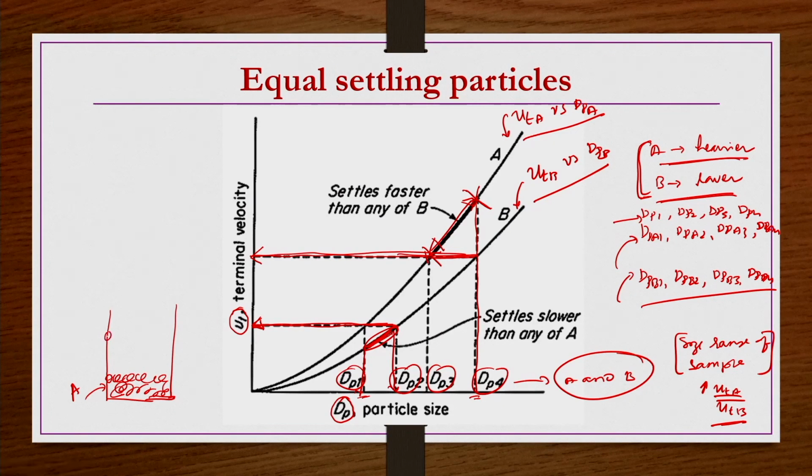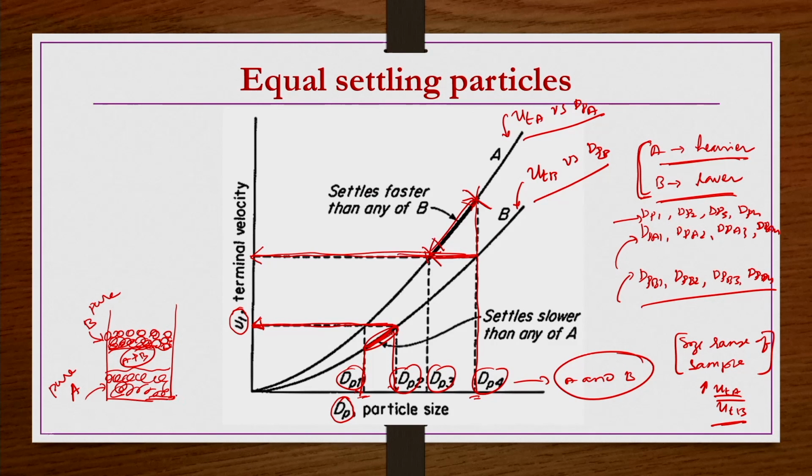So they may form a pure layer, because their settling velocity is the lowest compared to all other material of A or B. So this is B. This is almost pure A, this is almost pure B. A completely pure fraction is not possible for any of these methods. So in between, we can have a mixture, where A and B can all be mixed together.